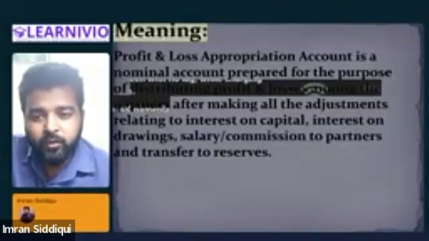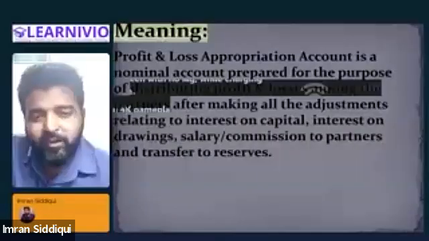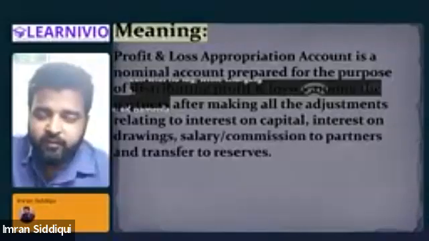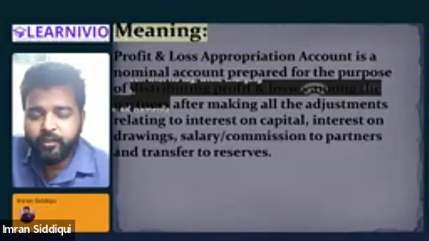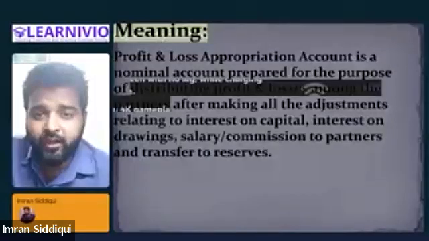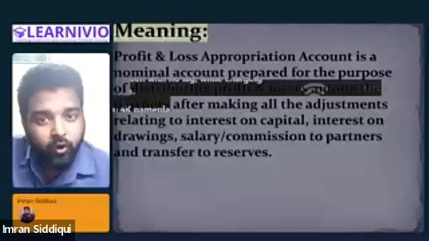So profit and loss account and profit and loss appropriation is a similar account. The only difference is that in the profit and loss account, we used to record all kinds of indirect expenses and incomes of the business.